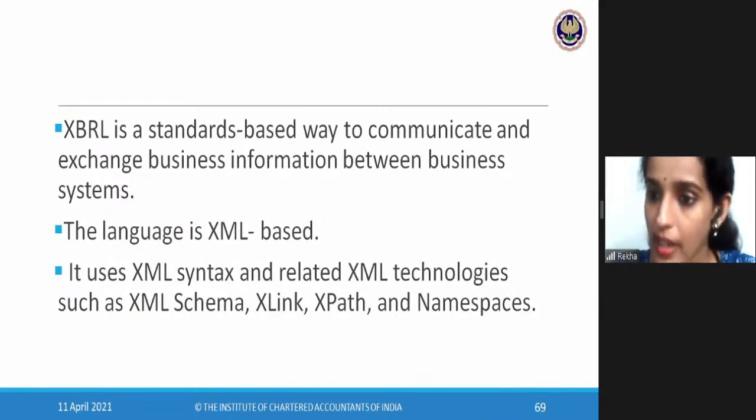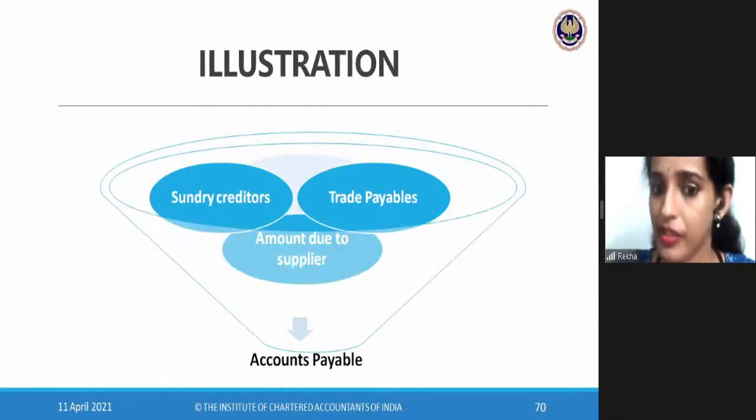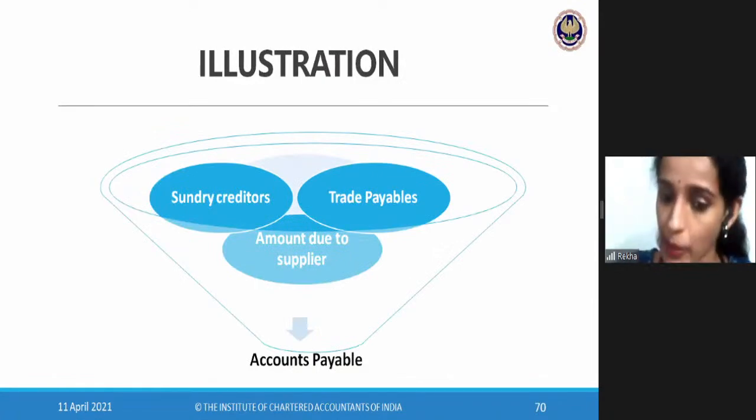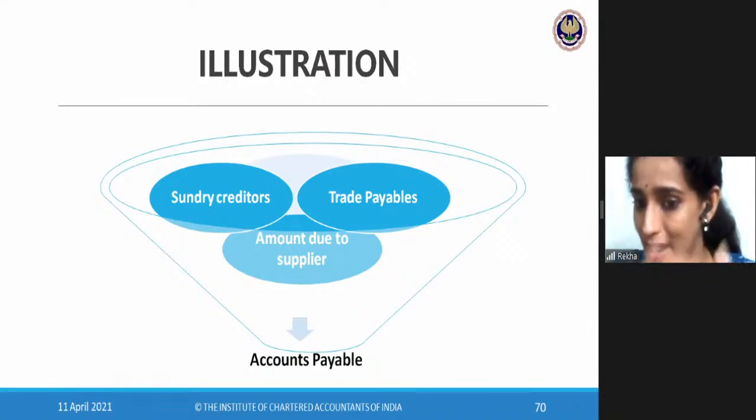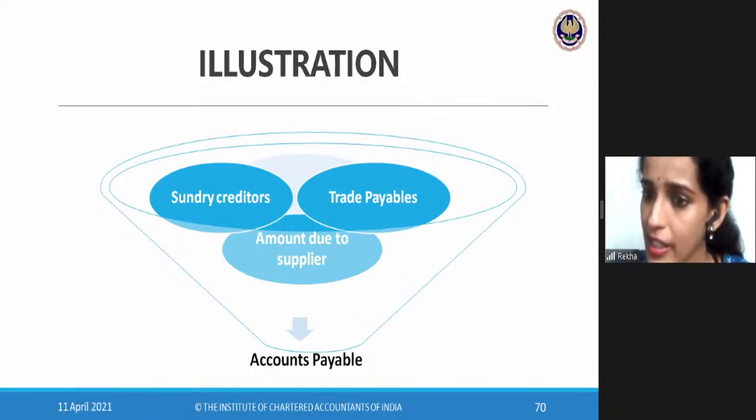They wanted a common format to be followed by all the companies so that they get one view of the information. So for this, they are using the Extensible Business Reporting Language. Here, say for example, sundry creditors, amount due to the supplier, trade payables are given under different heads by different companies. Does it all mean the same? It means the same.